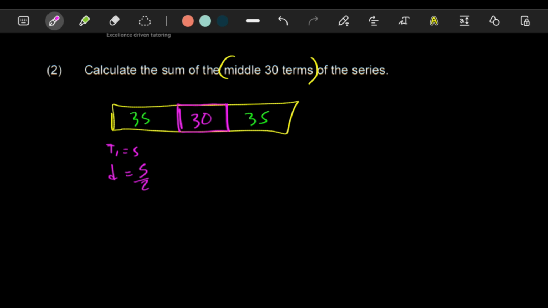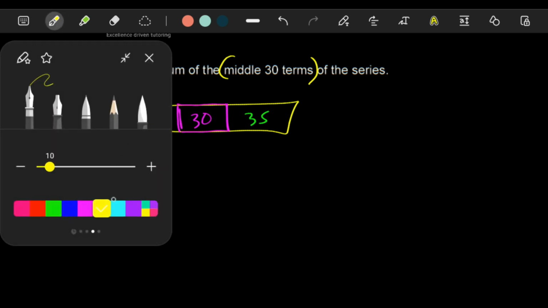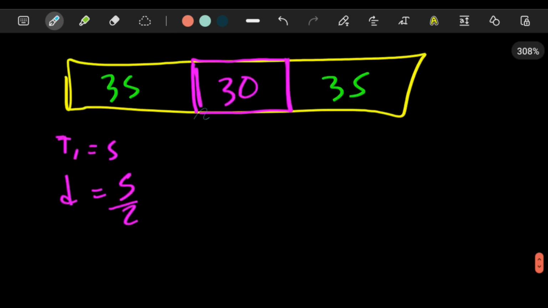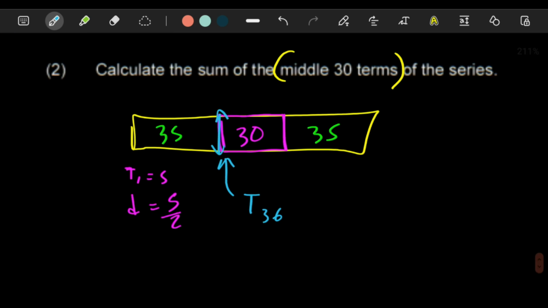If you think of terms 1, 2, 3, all the way until term number 35, then these 30 that are in the middle obviously start off at T36. T36 is the first one in the values that are in the middle.